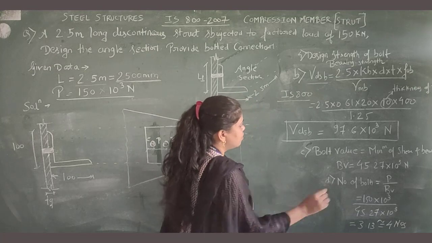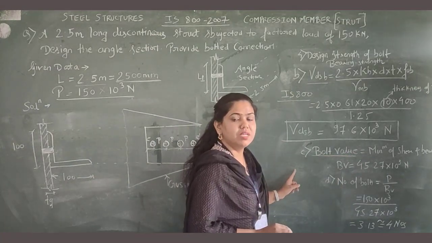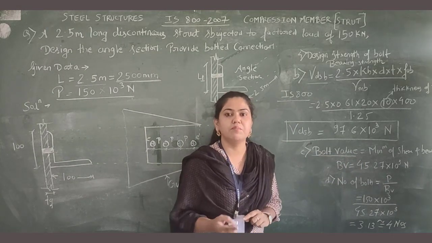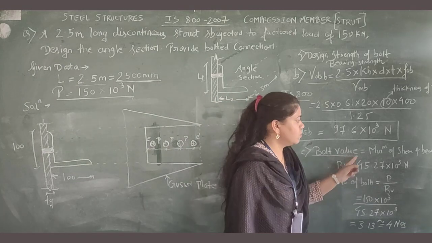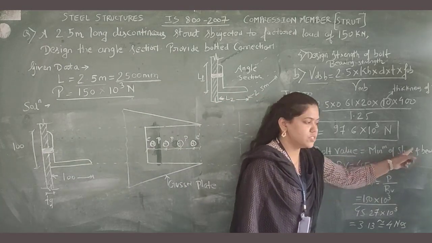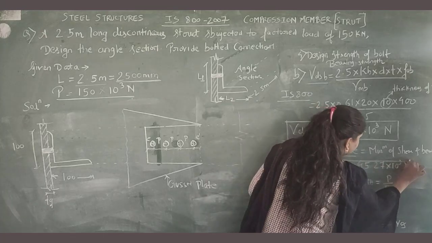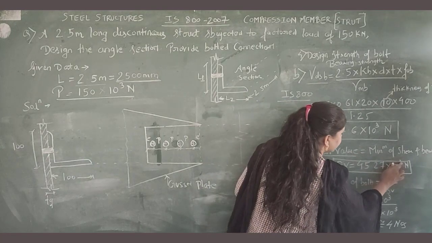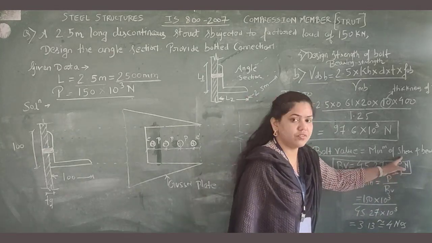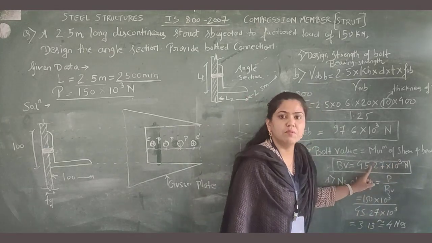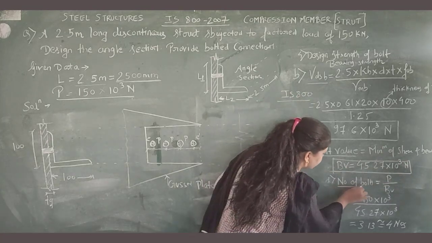So at last, for calculating the bolt value, you have to select the minimum value of shearing and bearing strength. Here in this case, we got the bolt value as 45.27 into 10 to the power 3, that is the minimum of shearing and bearing. Now you have to calculate the number of bolts.